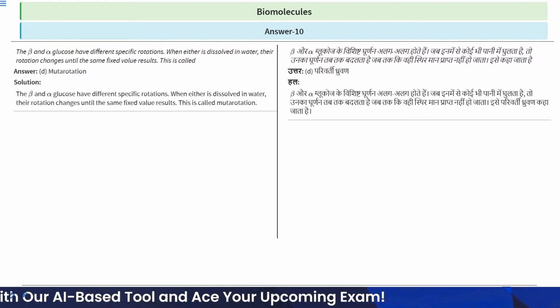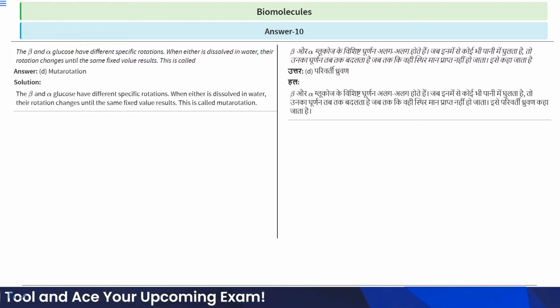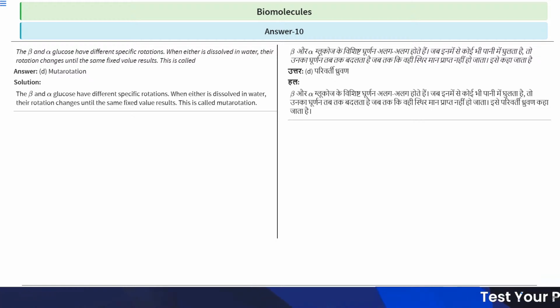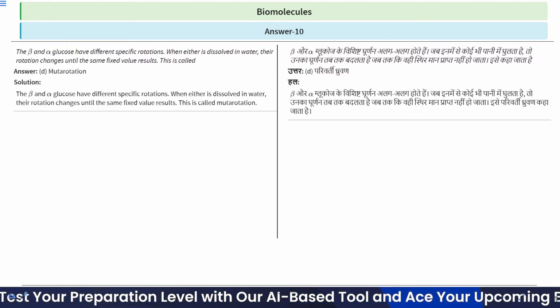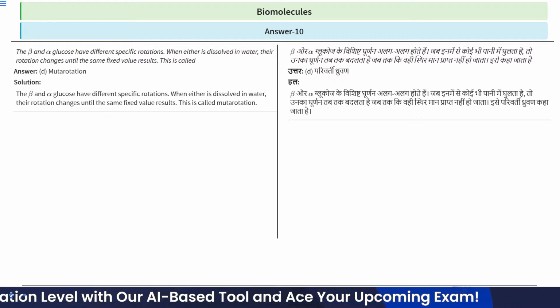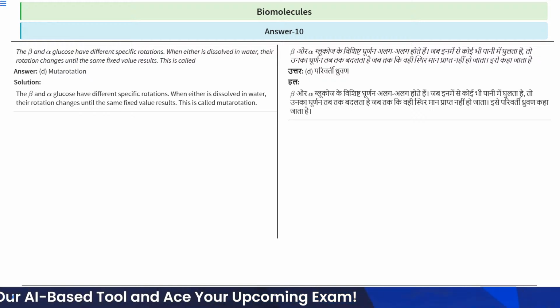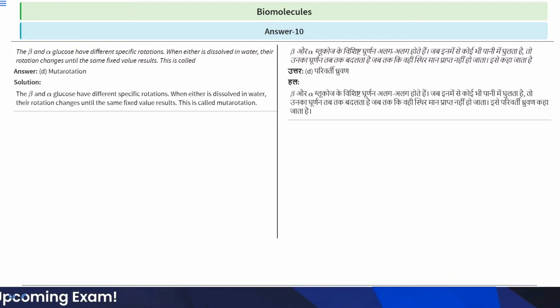In mutarotation, the compound having different specific rotation will keep on changing until the fixed value results when it is dissolved in water. This is the concept shown by beta and alpha glucose when dissolved in water, and that is why our correct answer is option D, that is mutarotation.